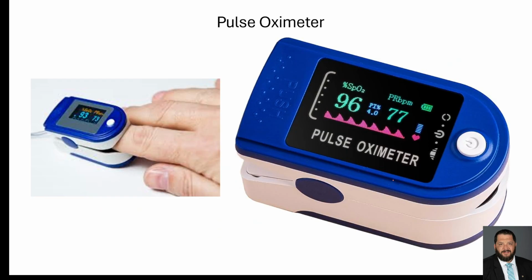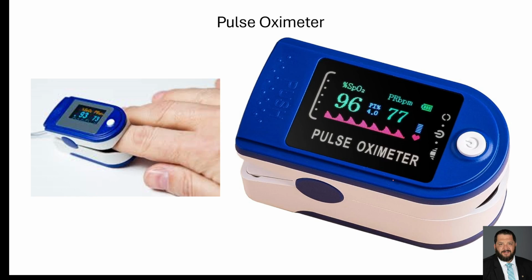The next tool at your disposal is the pulse oximeter. The pulse oximeter typically goes over the capillary bed, and you can have a finger pulse oximeter. Sometimes they'll go on the earlobe or they'll go on the toe, okay? And that measures the percentage of oxygen passing underneath the sensor that is bound to oxygen.